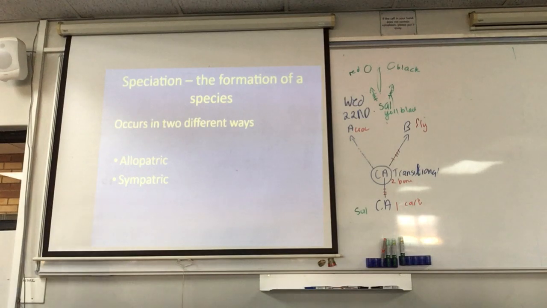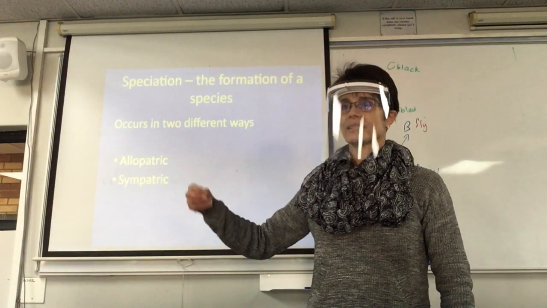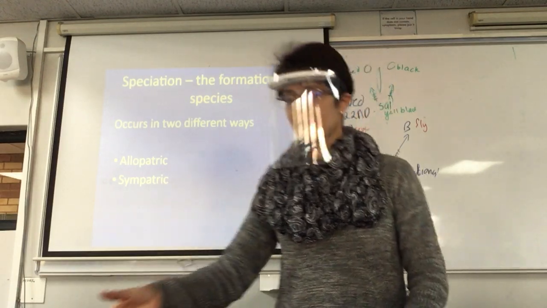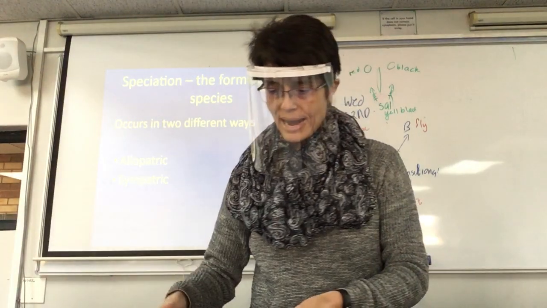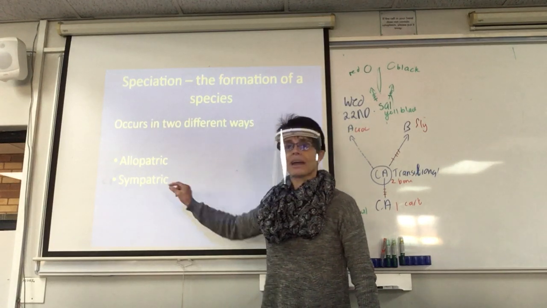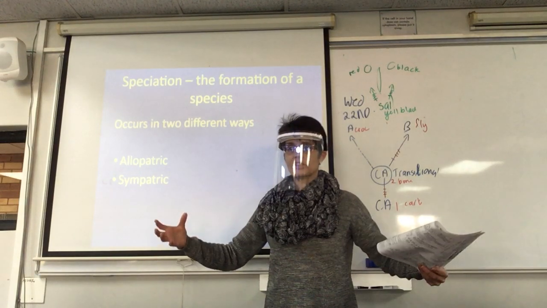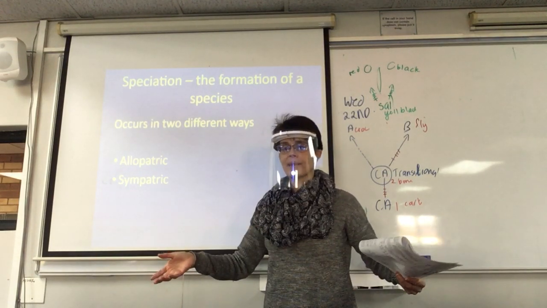Alright, so allopatric speciation is geographical, or atlas, A. Becoming separated by some kind of barrier. Sympatric, they can live in a similar environment, but how are they separated from each other? Not by land, they're separated by what?